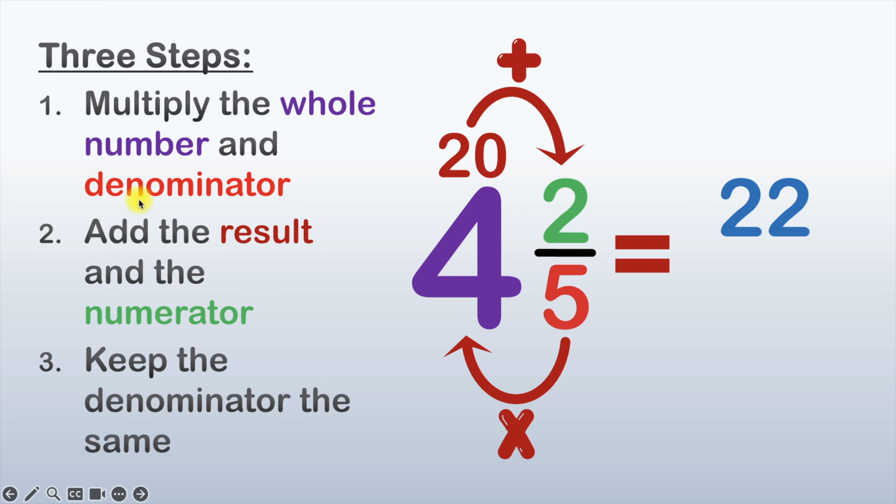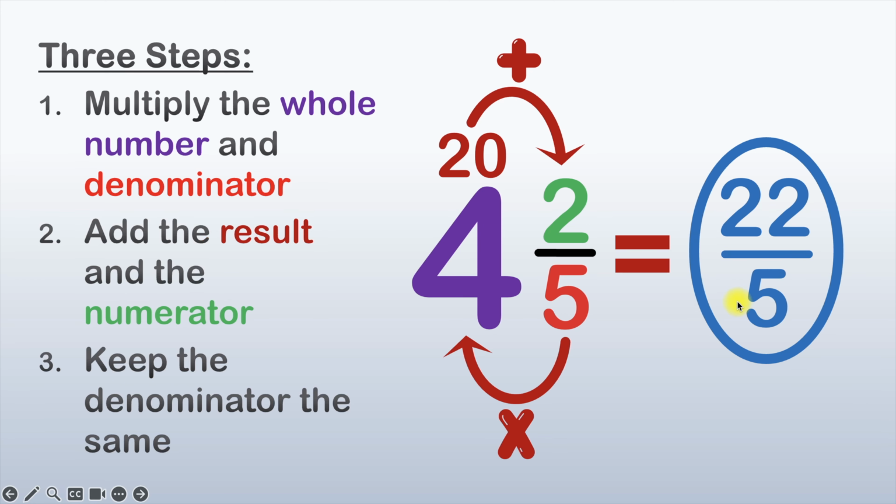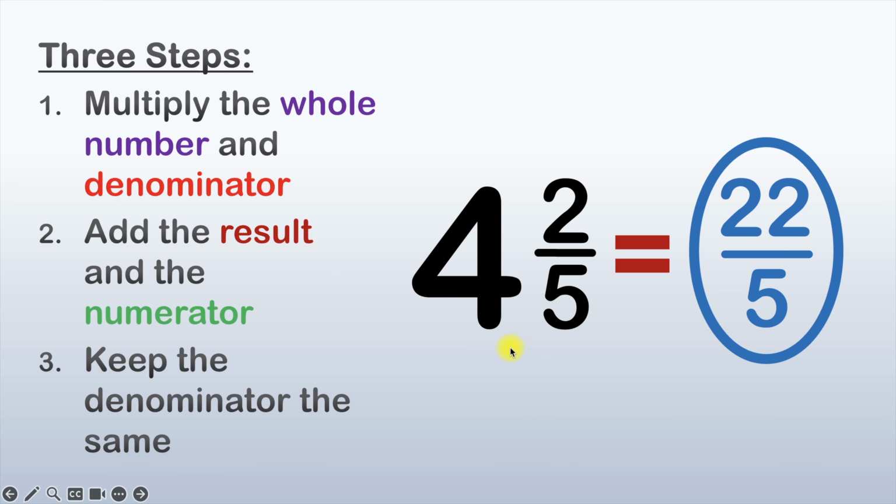Remember that the denominator is 5. So we'll put that right under here. And that gives us our final answer. And again, we could say that the mixed number 4 and 2/5 is equal to the improper fraction 22/5.